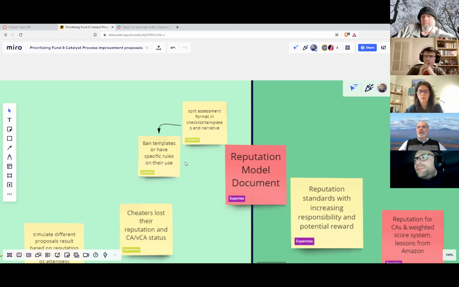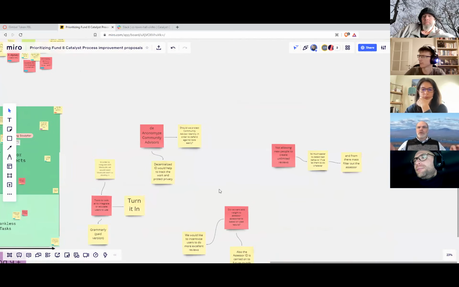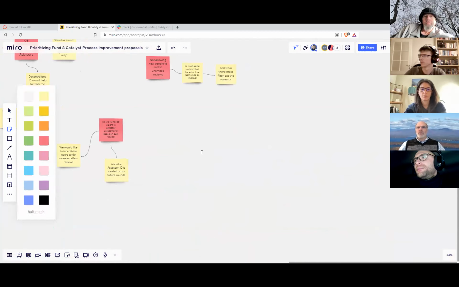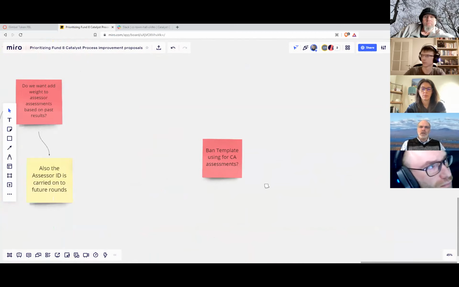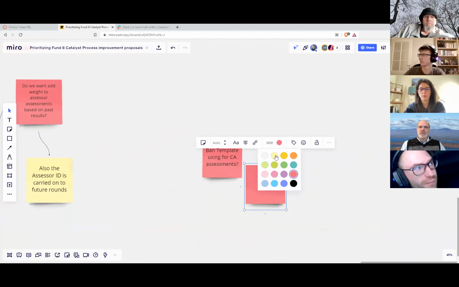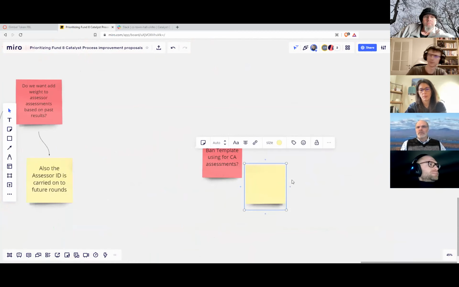Like if say you have 10 assessments on a proposal, which of those assessors is contributing original information that adds value to a voter's insights about the proposal? So those conversations have led my own thinking to be not so much that we ban templates, but that's not what we want to encourage.